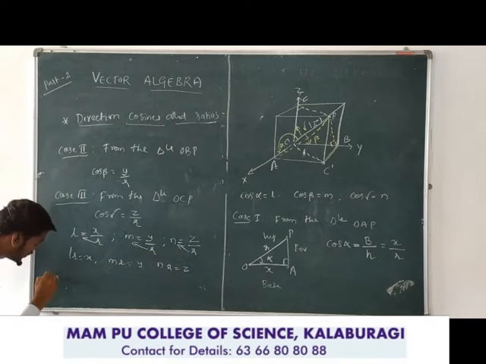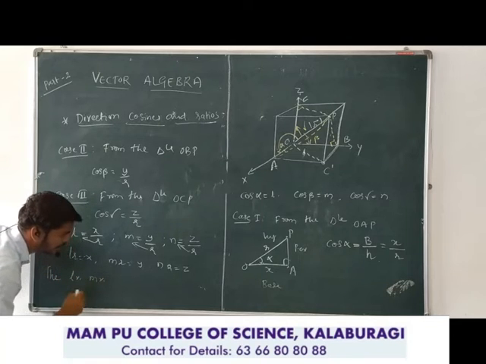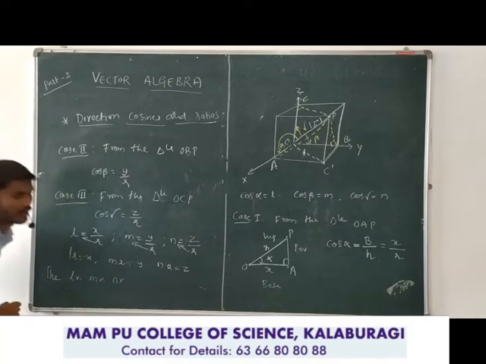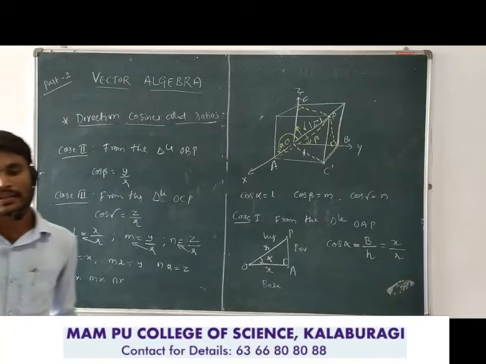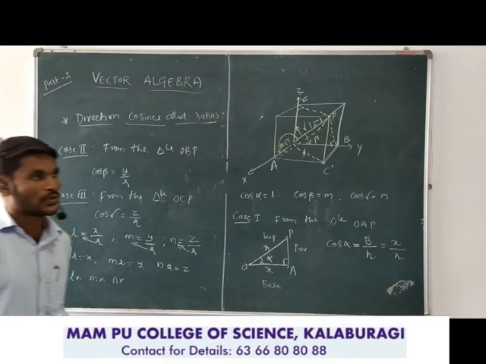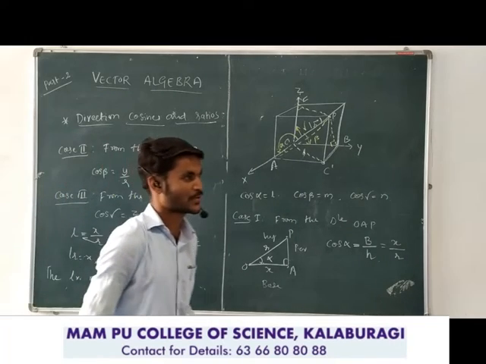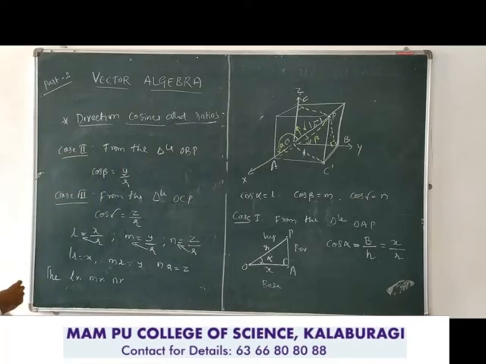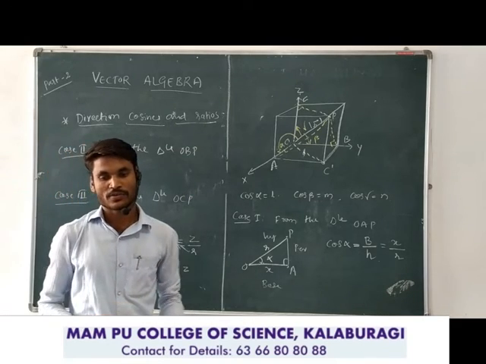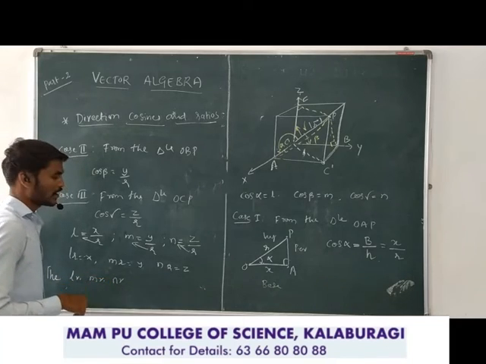So now the LR, MR and NR are proportional to the direction cosines of the vector r.